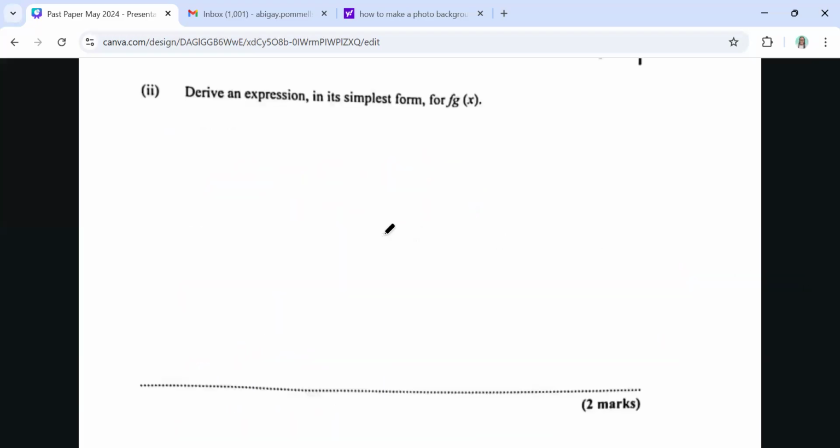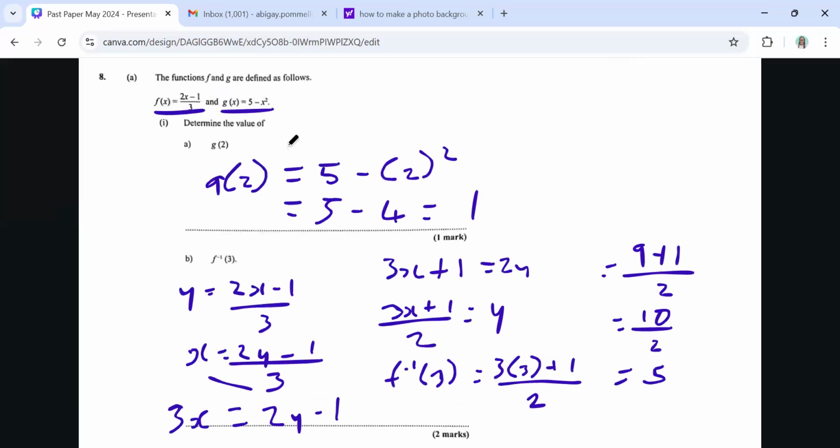Moving. All right, so it says derive an expression in the simplest form for fg of x. All right, so that means g is going to go into the equation of f. And let me go back and see what that is.